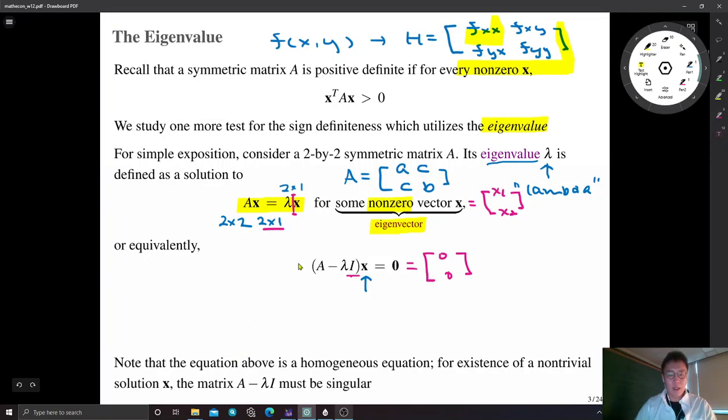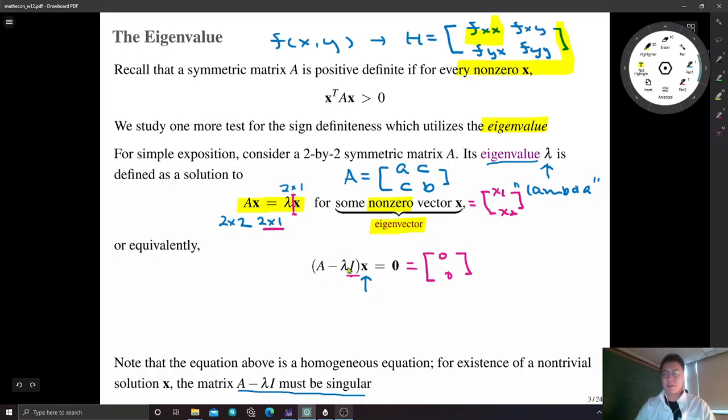For this homogeneous equation to have a non-trivial solution, the coefficient matrix must be non-invertible. In other words, it must be singular. In other words, the determinant of this coefficient matrix must be zero.